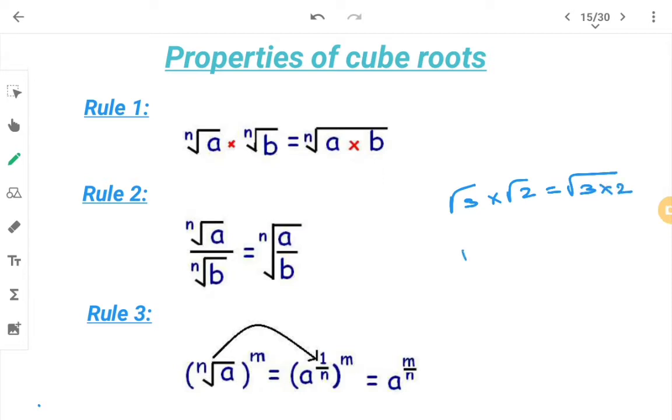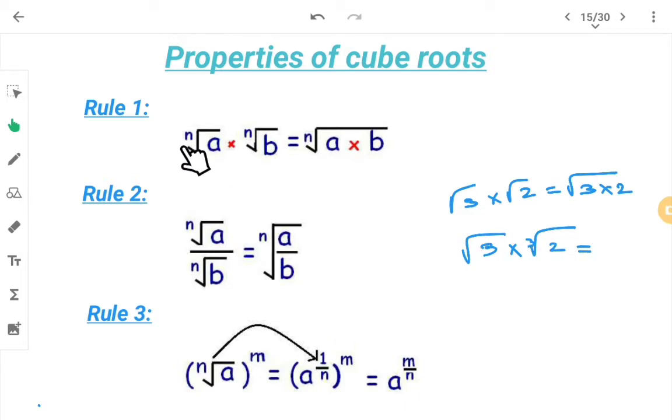Instead, if you have root 3 into cube root of 2, is it possible to take a common root? No, because here 3 has a square root and 2 has a cube root, so it is not possible to take a common root.